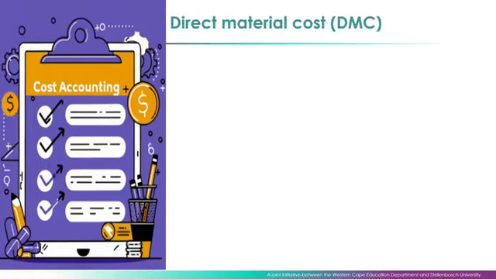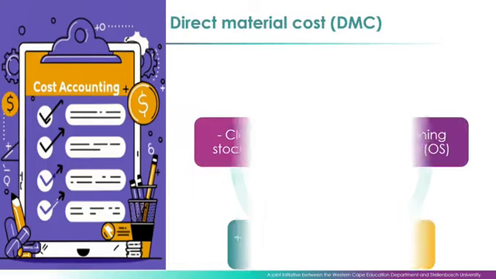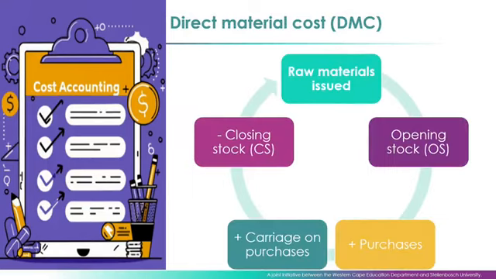Right, so let's talk about the various types of costs. The very first type of cost is direct material cost, or DMC, and it's directly linked with the term raw materials issued. Now, how do we calculate raw materials issued? Which is, by the way, the materials used in order to manufacture the item we are producing.